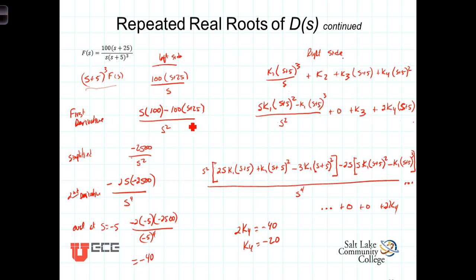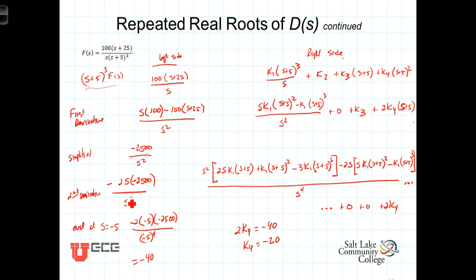To get k4, we'll take this first derivative, and before we evaluate it at s equals minus 5, we're going to differentiate it one more time. To do that, simplify this term here so that the first derivative on the left side simplifies to this. This doesn't really simplify very much, so we're going to just have to grind through the derivative of that.